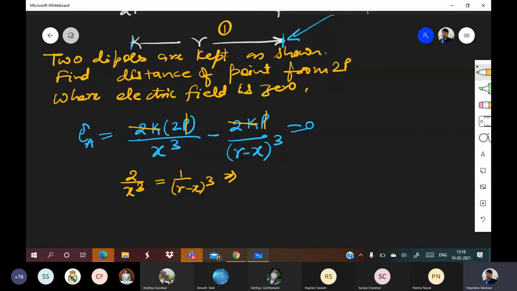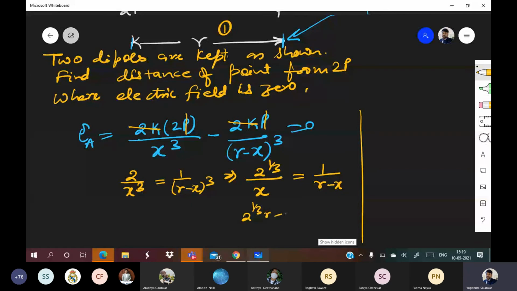So 2 to the power 1 by 3 upon x is equal to 1 upon r minus x. So further, 2 to the power 1 by 3 r minus 2 to the power 1 by 3 x is equal to x.